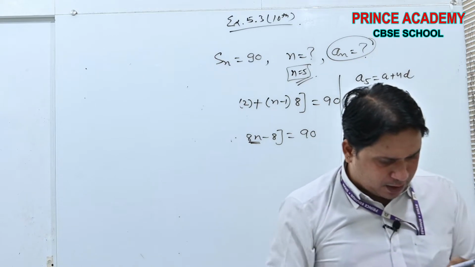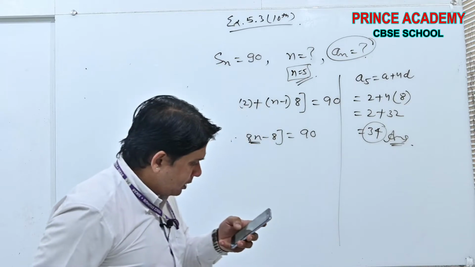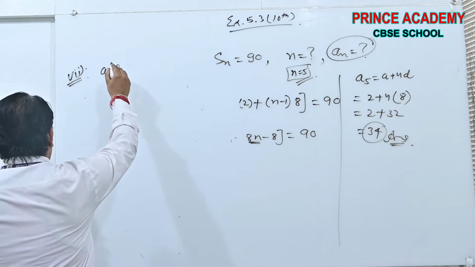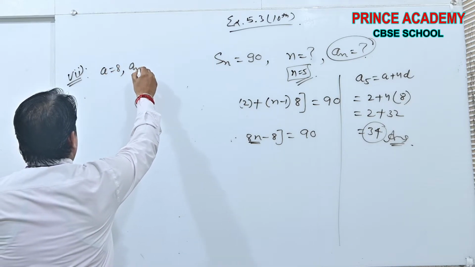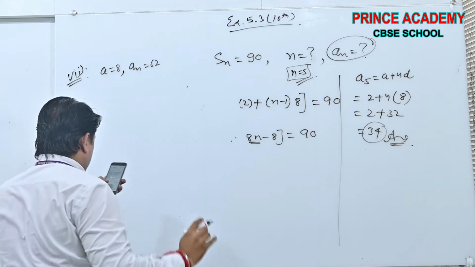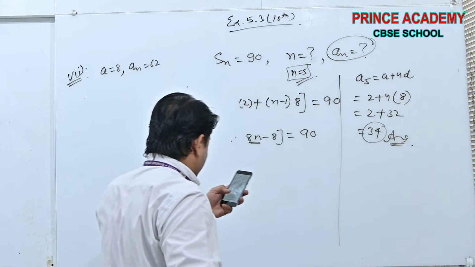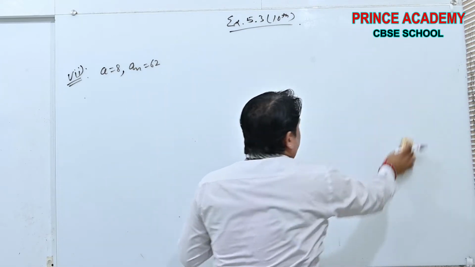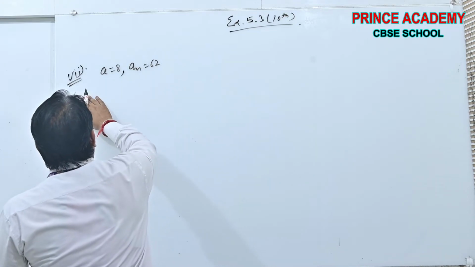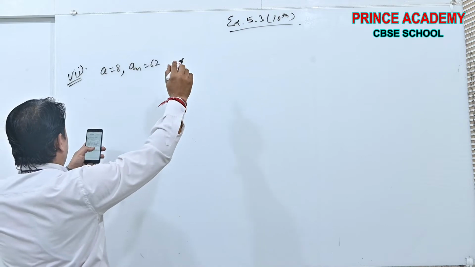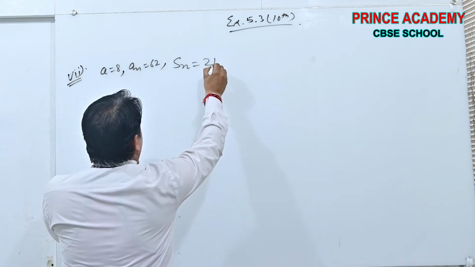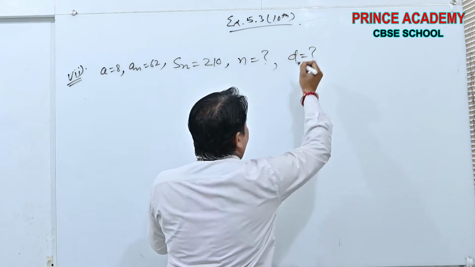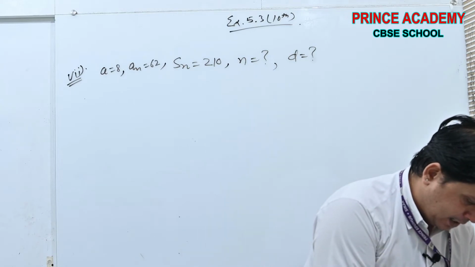In the next question, the 7th part, we have to find a8. a is 8, an is 62, Sn is 210, and then find n and d. We have to find n and d.